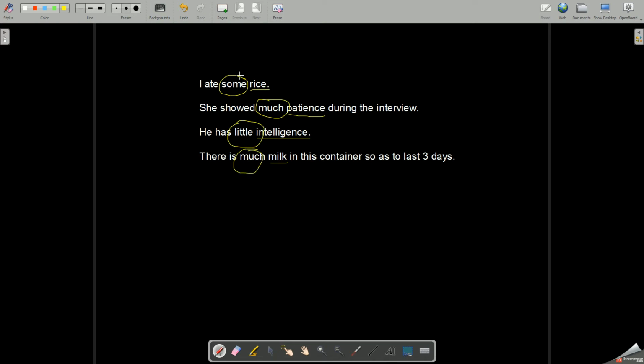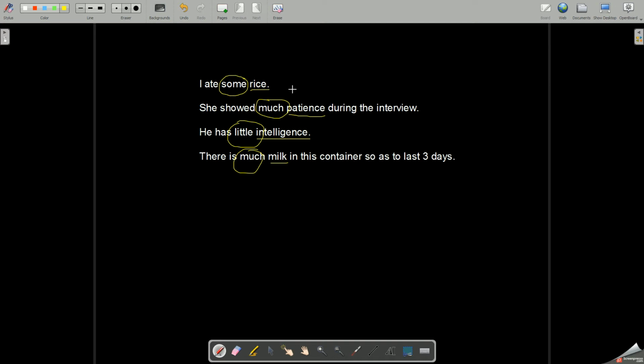So I cannot say I ate 3 rice or I ate 4 rice or I ate few rice, because we literally cannot count the number of rice grains. That's a different story. People during the lockdown, in order to pass time, resorted to counting individual grains of rice and posting them on their Instagram or Facebook accounts. So that has become a kind of a hobby with people.